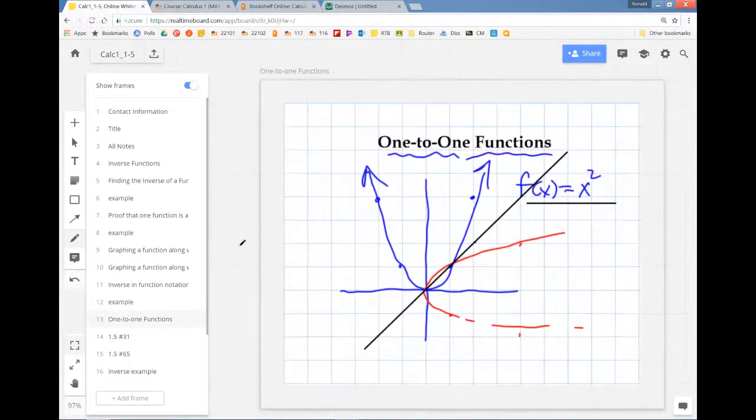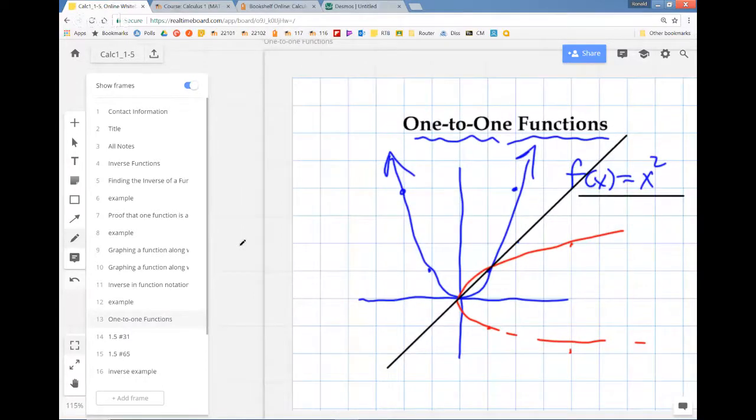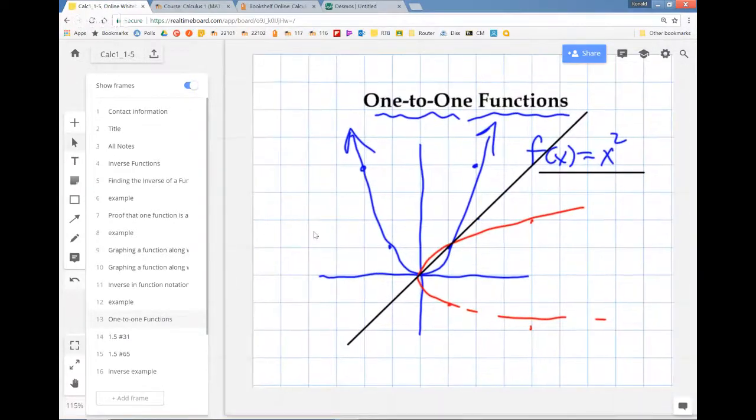So I'm going to repeat this again. We've already had this, but let's just say we start with the blue function x squared. Nice parabola. You can see that when I find the inverse of this, we're going to wind up with this plus and minus square root, this red thing here, and that is not going to be a function. So this blue function is not one-to-one.